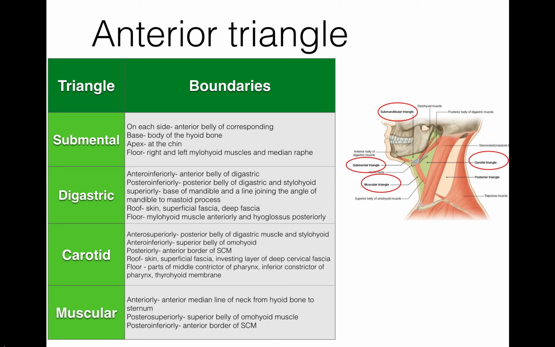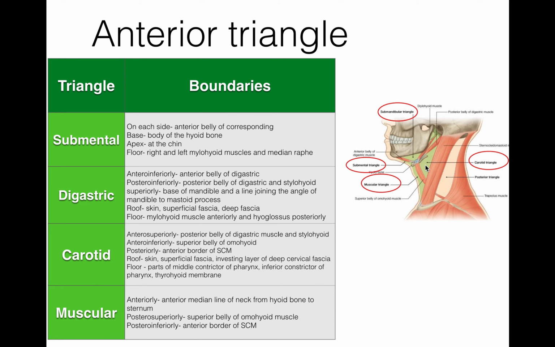And the carotid triangle right here, the boundaries are, anterosuperiorly, the posterior belly of the digastric muscle and the stylohyoid muscles, and antero-inferiorly the superior belly of the omohyoid muscle, and then posteriorly the anterior border of the sternocleidomastoid muscle.